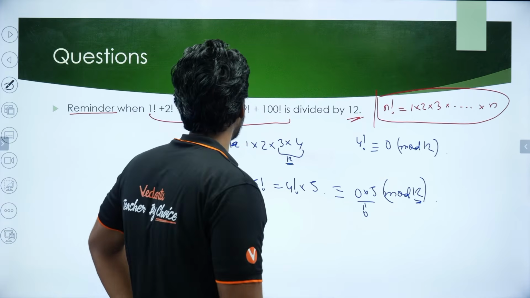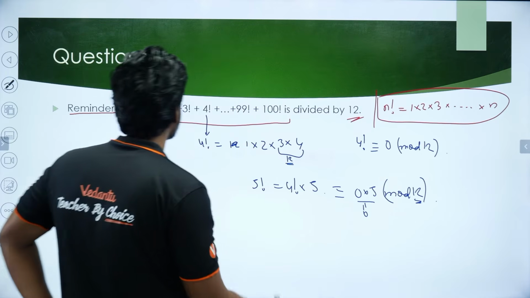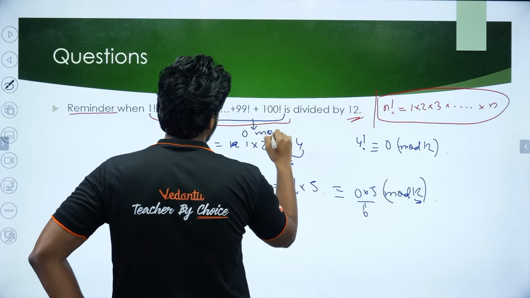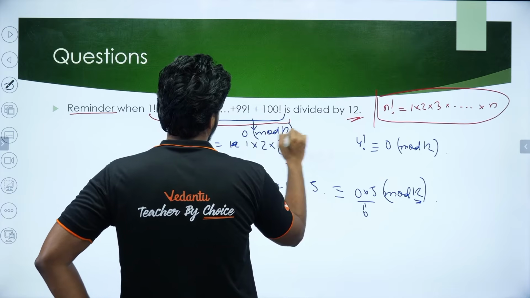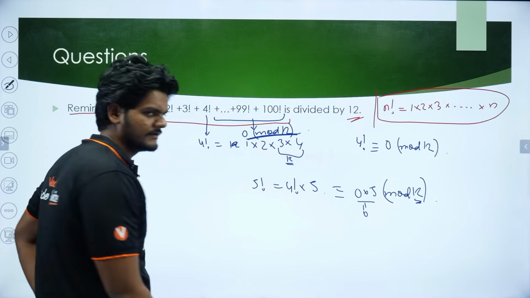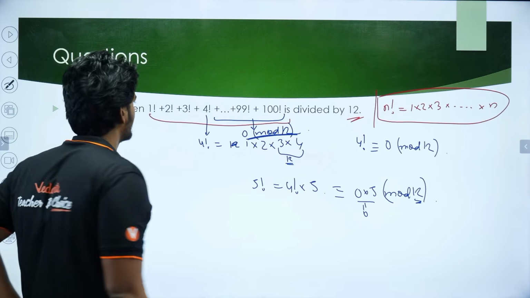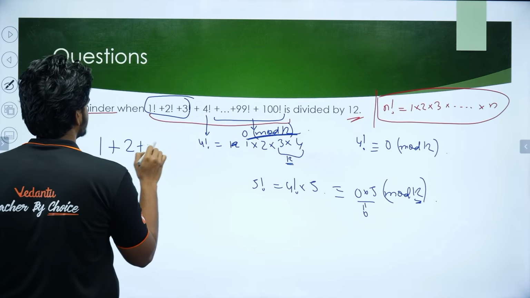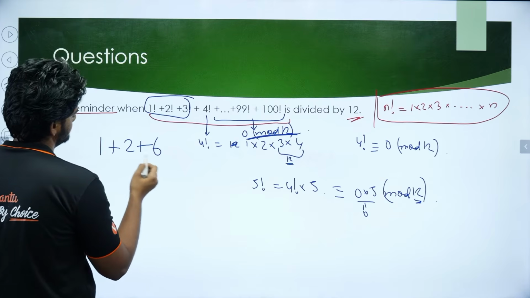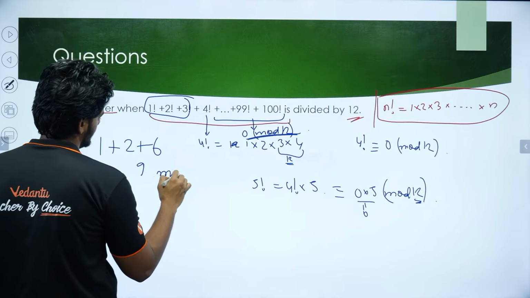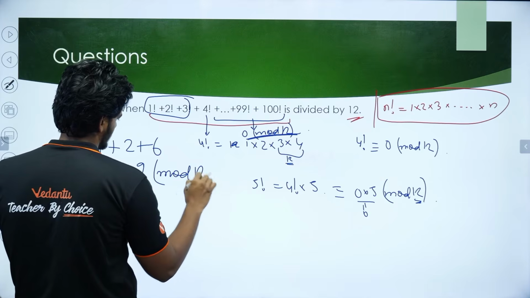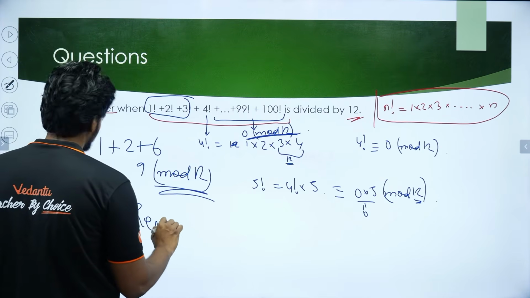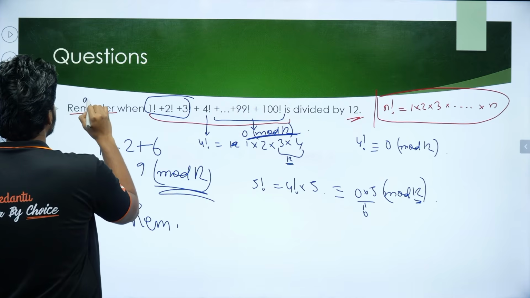So the rest of them will also be 0 mod 12, isn't it? So we just need to look at this. So this is simply 1 plus 2 plus 6, that's 9 mod 12. So the remainder will be 9.